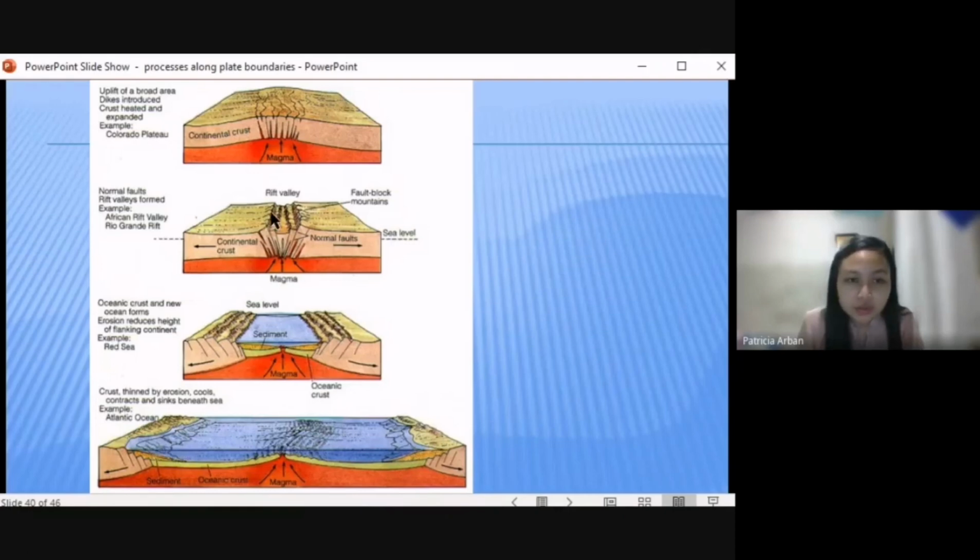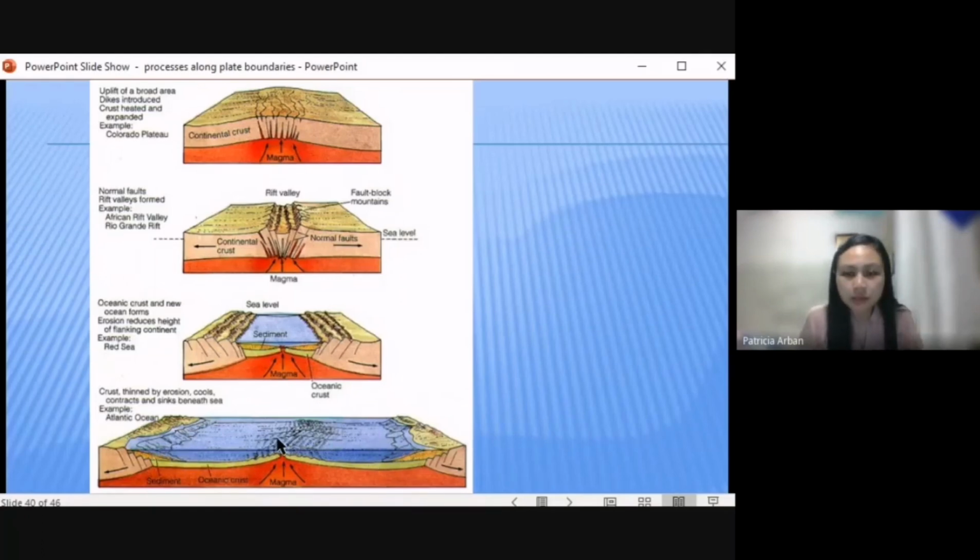Kung mapapansin nyo, ito yon. Now, itong nandito malapit sa mid-ocean ridge, kaka-solidify lang, kakabuo pa lang ng ocean floor. Okay, so here in the mid-ocean ridge, you will see relatively young rocks. Okay? And then older rocks here, dito sa part na to.